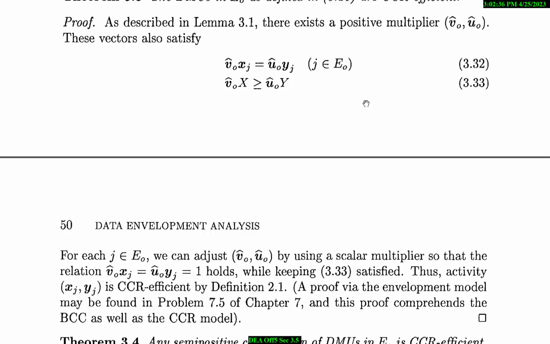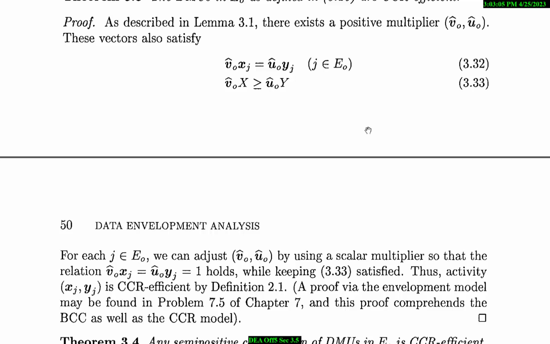Now, to prove that for each j DMU J is efficient, we should use one of the definitions for the CCR efficiency. For example, we could use the definition by the envelopment form.